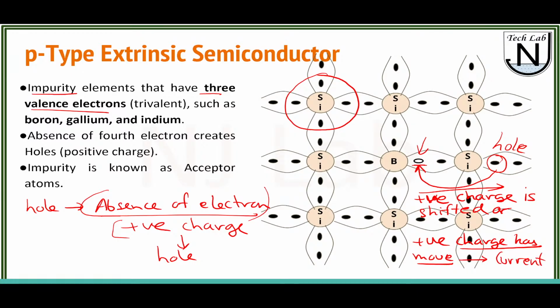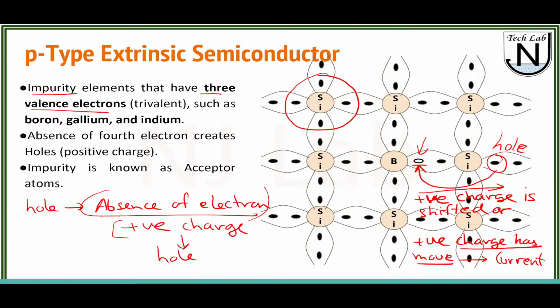Because we discussed in lecture 1 that the moment charges are moving, current is there, and the charges can be positive or negative. So if positive charge is moving, then the direction of the positive charge and the direction of the current will be the same.